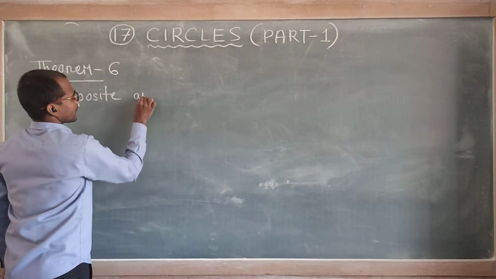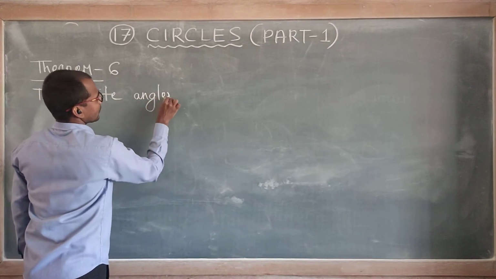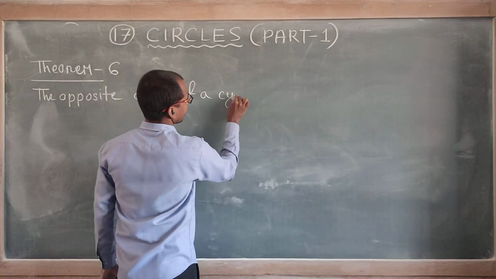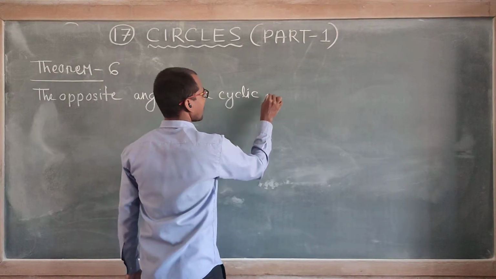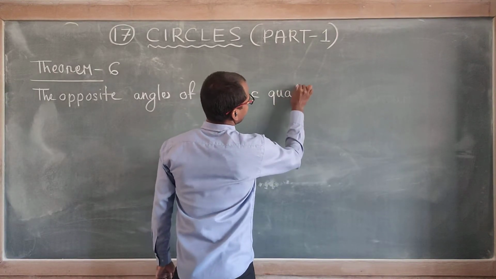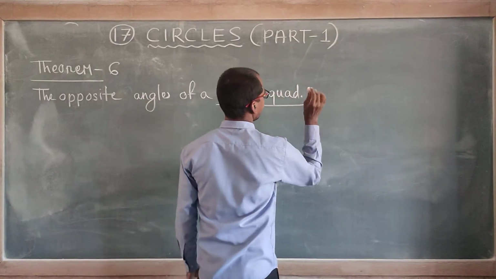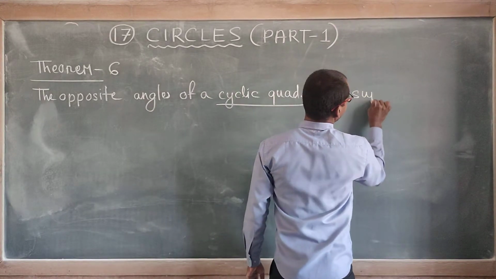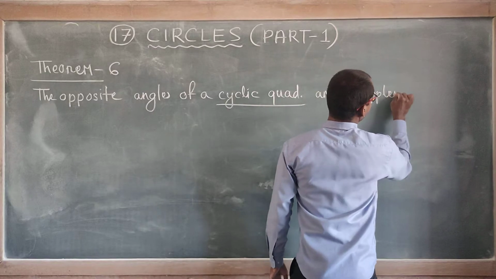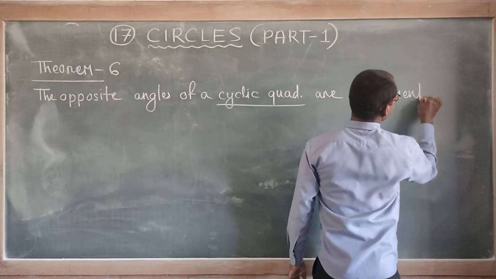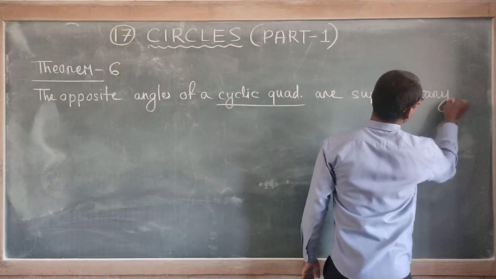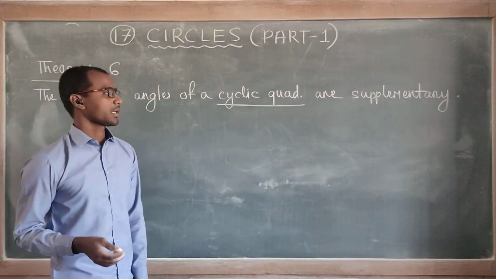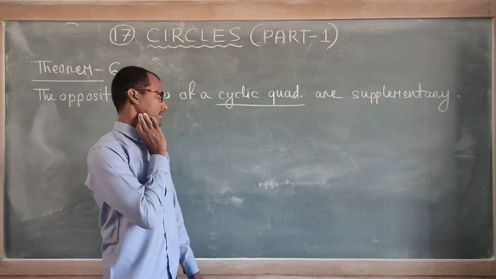The opposite angles of a cyclic quadrilateral are supplementary. Okay, the opposite angles of a cyclic quadrilateral are supplementary.